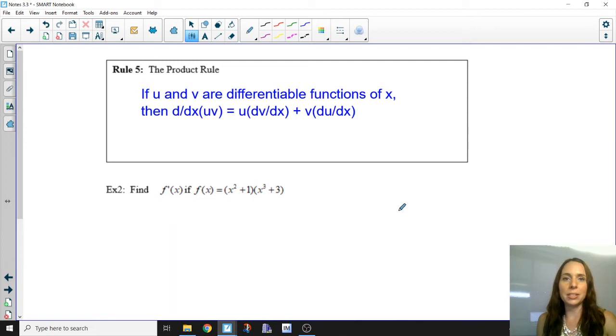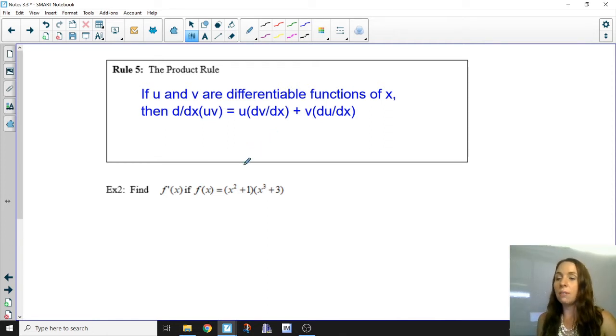Let's do another example. Find f prime of x if f of x is x squared plus 1 times x cubed plus 3. Again, this is another example where you could multiply these binomials together and simplify into one polynomial function and then take the derivative of that.